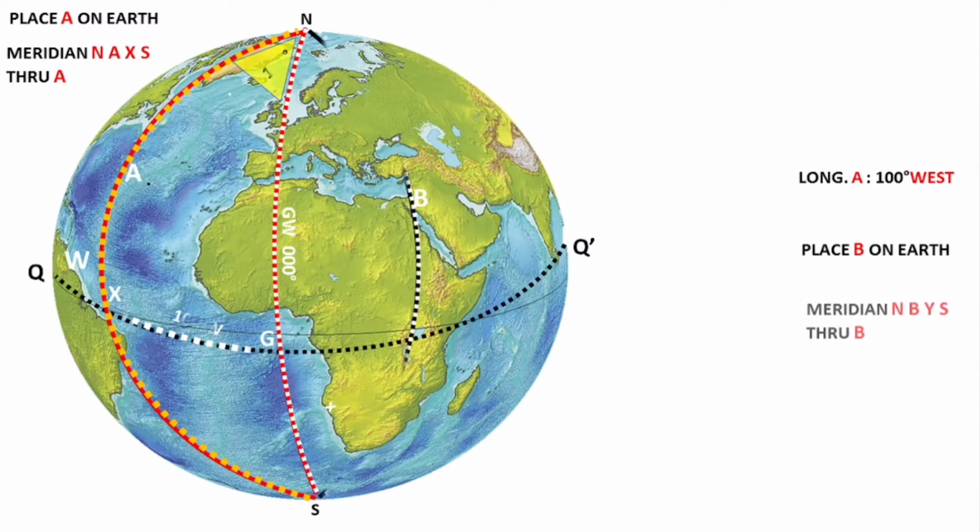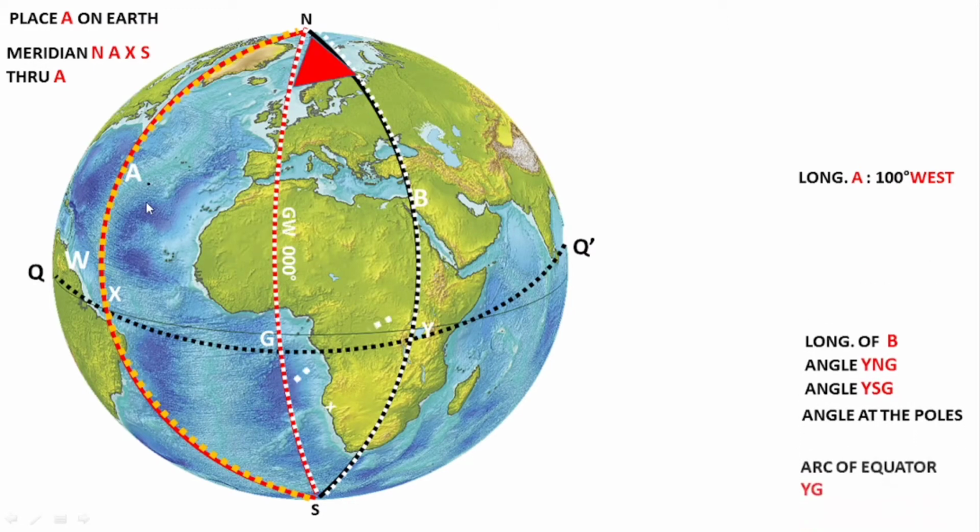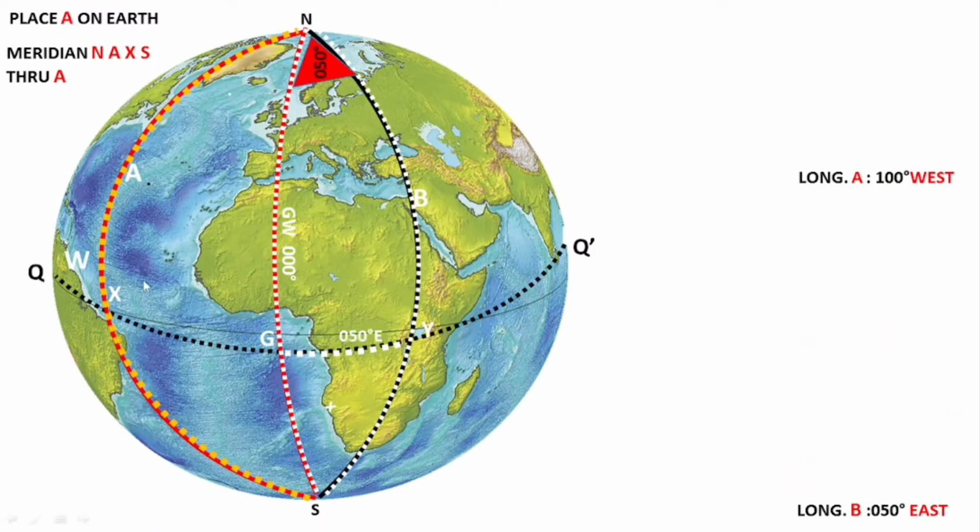Another point B to the east, and longitude of B is either the angle here or arc of the equator. So I've just taken this value as 50 degrees. So one longitude is 100 degrees west, another is here.